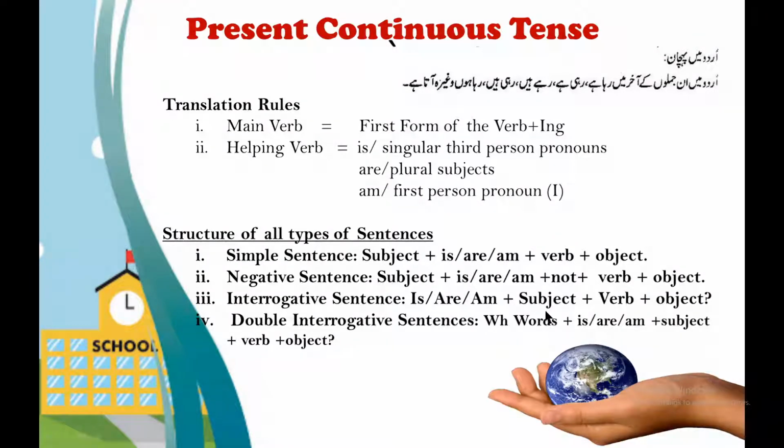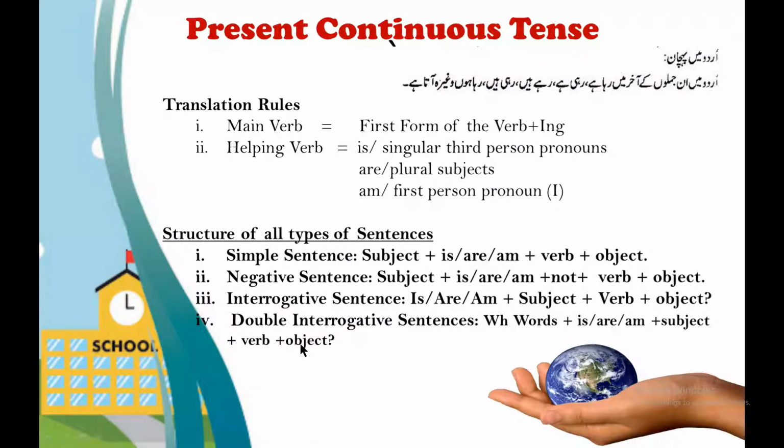You have to put WH words. If we talk about the technicality, WH words are called interrogative pronouns as well. So WH words plus is, are or am plus subject plus verb plus object. So my dear students, this is a simple explanation of present continuous tense.